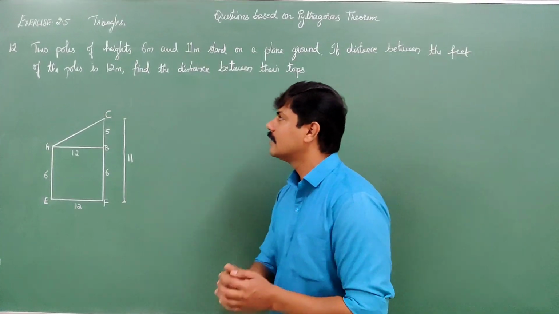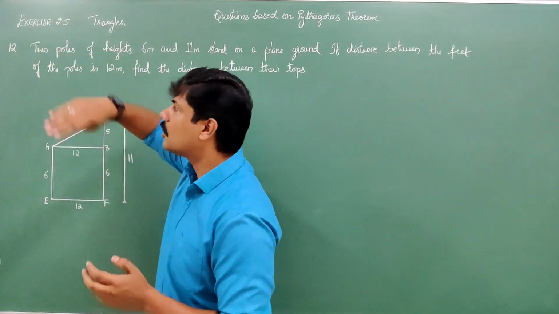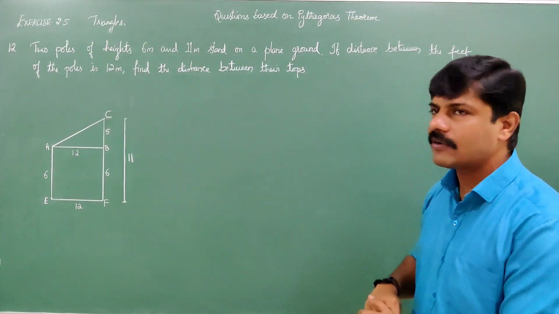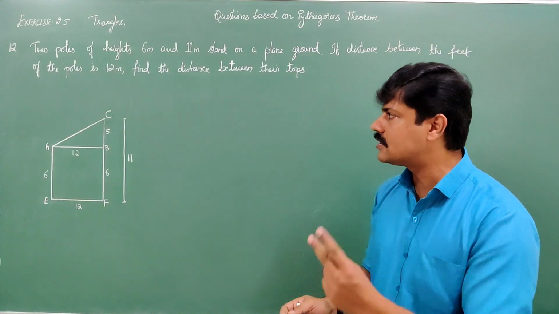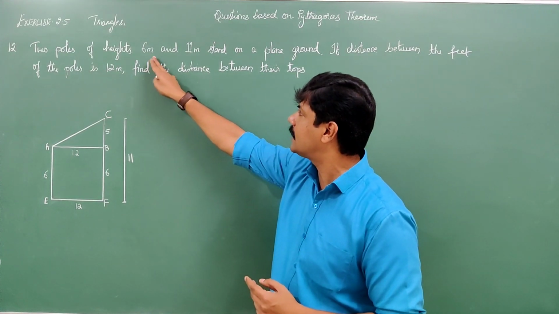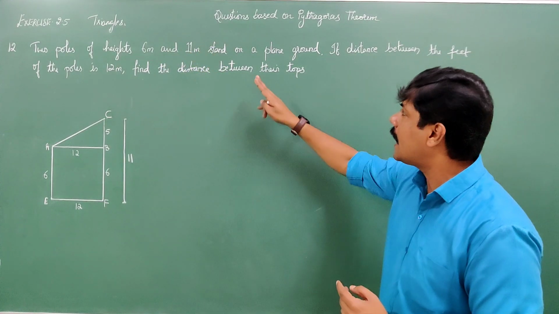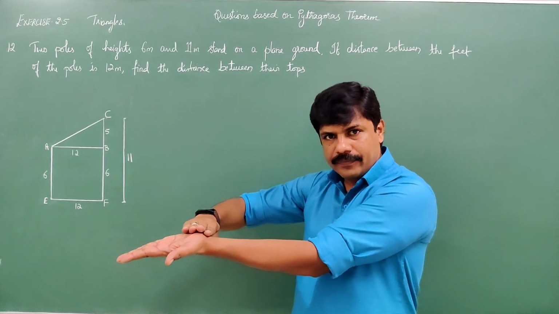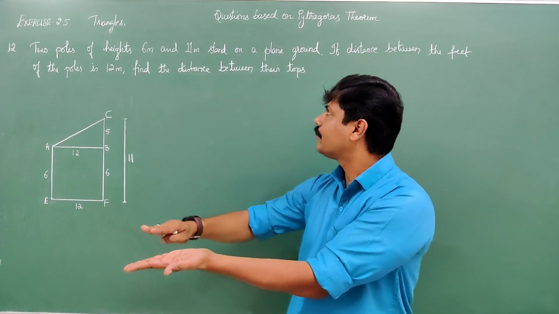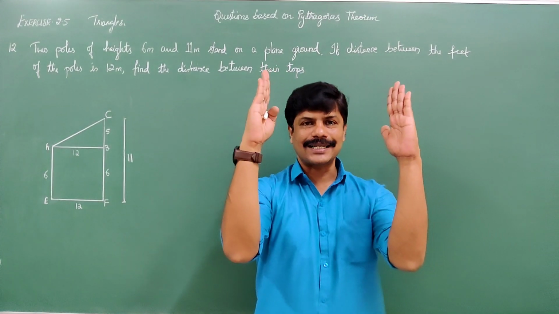With this we'll start the 12th question from exercise 2.5 from triangles, which says two poles of the height 6 meter and 11 meter stand on a plane, a horizontal plane. Two poles stand vertically.